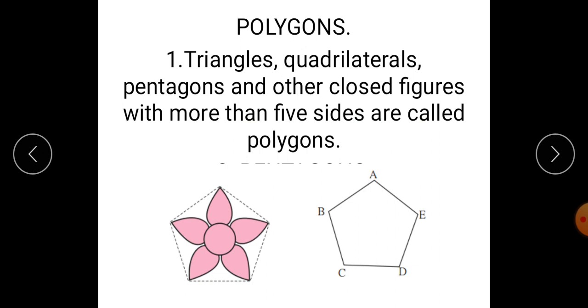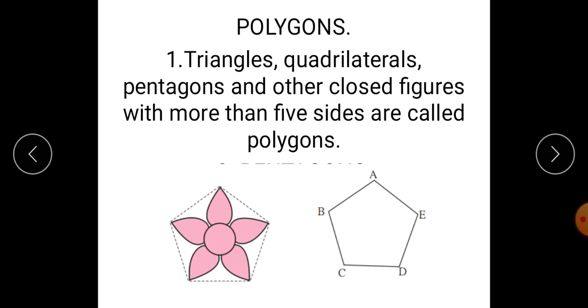Now, students, you are familiar with five-petal flowers like Tagar, Kunda, or Sadafuli. Press any one of these flowers, and join the tips of the petals one by one. What is the figure you get? You get a closed figure.